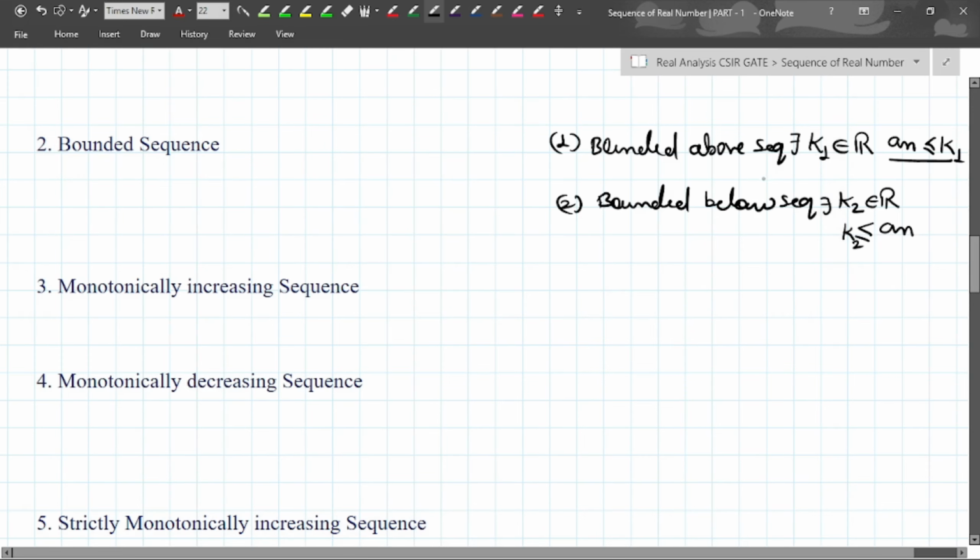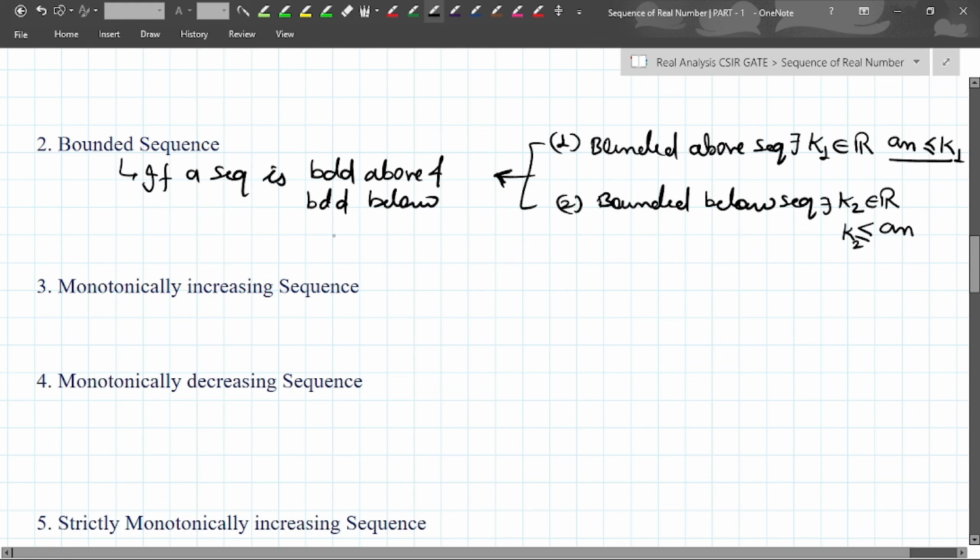Now what is the meaning of a bounded sequence? If both these cases are happening, it means that if a sequence is bounded above and bounded below, then that sequence is a bounded sequence.